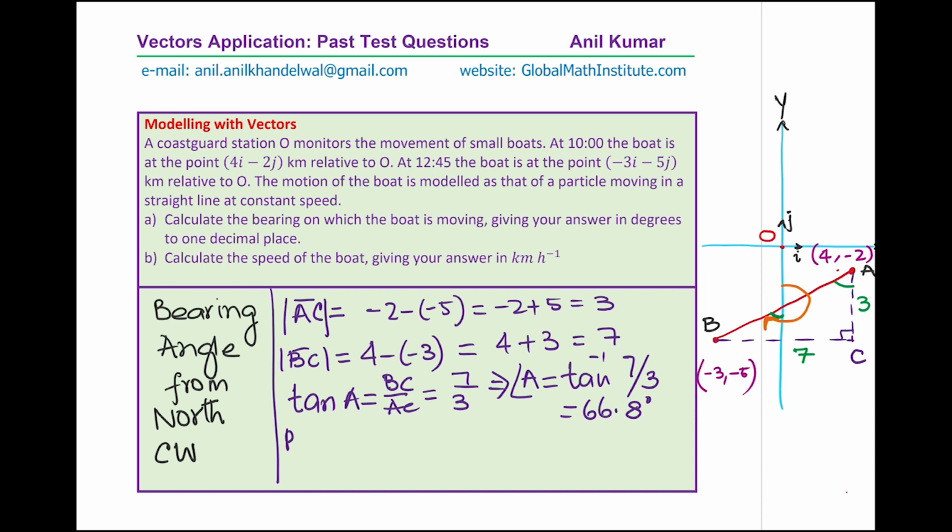Now, what is the bearing angle? The bearing angle will be 180 degrees plus the angle A, which is 66.8. Is that clear to you? So we'll add 180 to this, and we get 246.8 degrees. Do you see this 180 degrees?